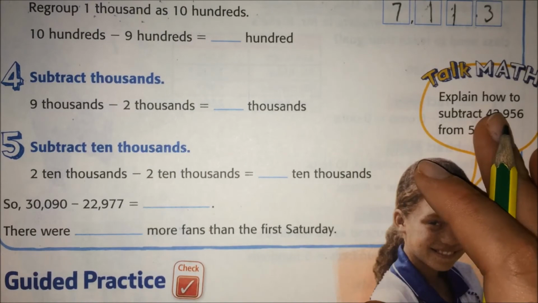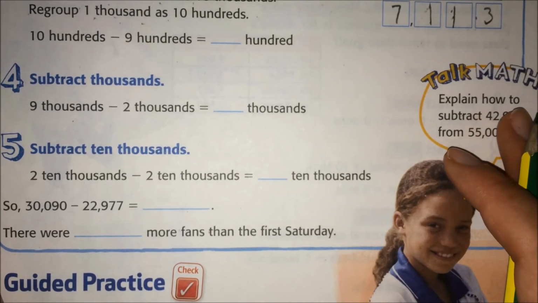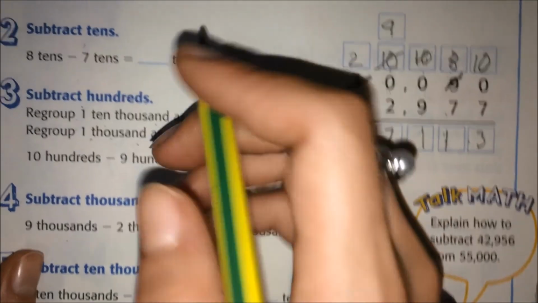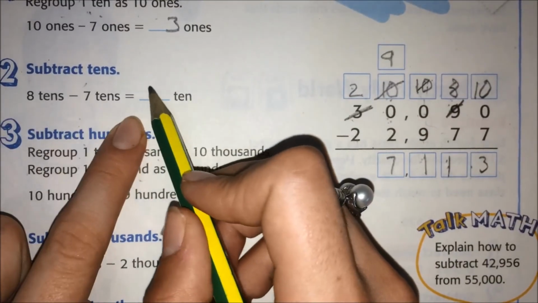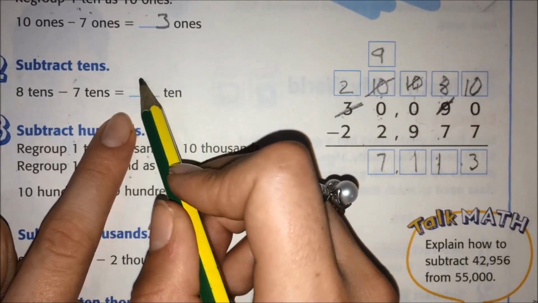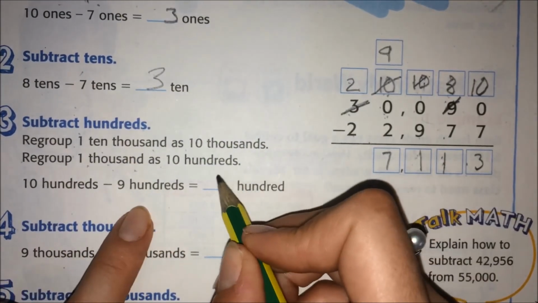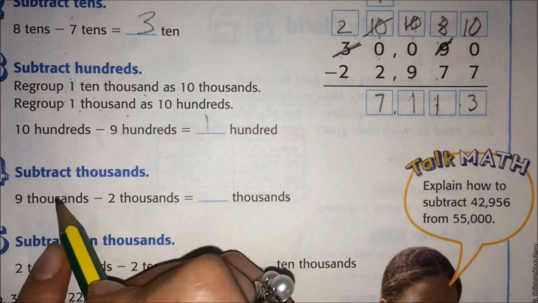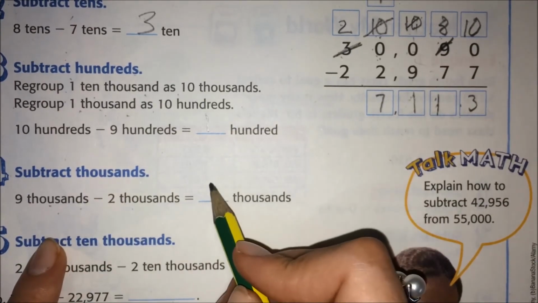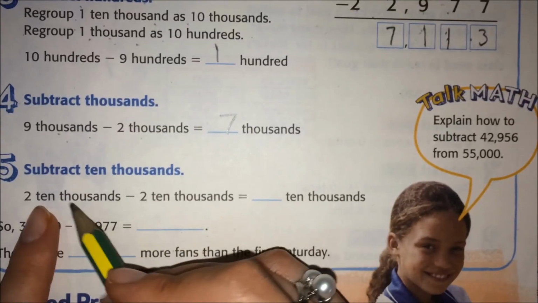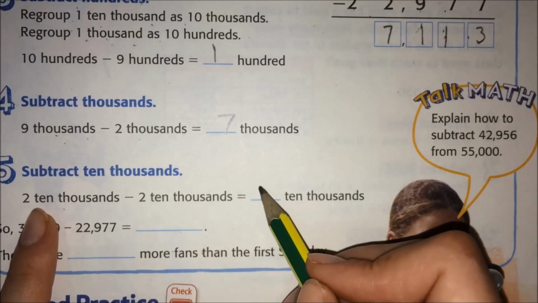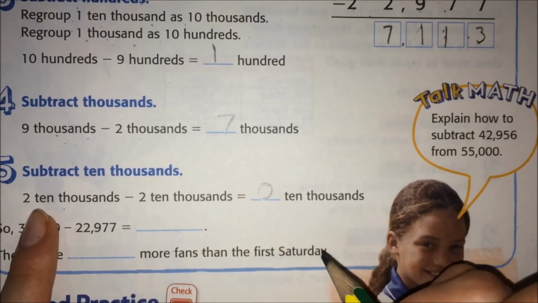Oh my goodness. We have to fill this out though. So 10 minus 7 is 3. And 10 minus 9 is 1. And 9 minus 2 is 7. 2 minus 2 is 0.